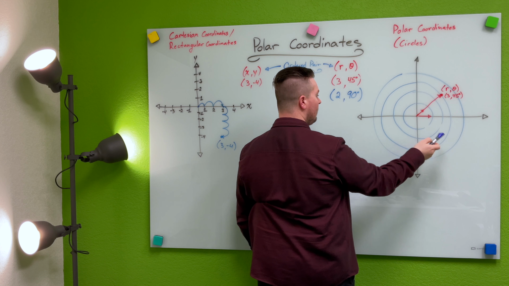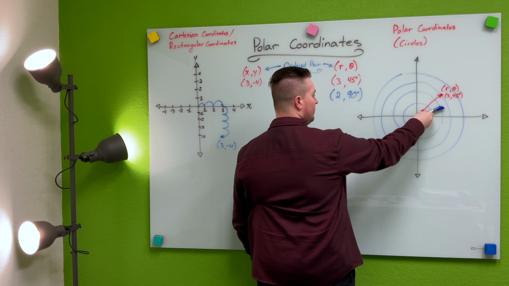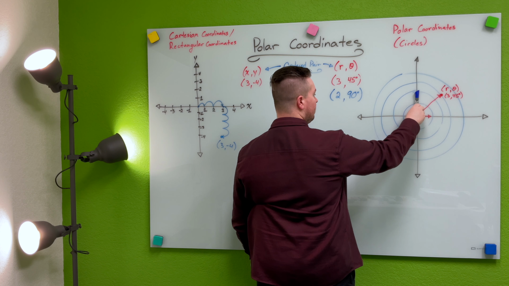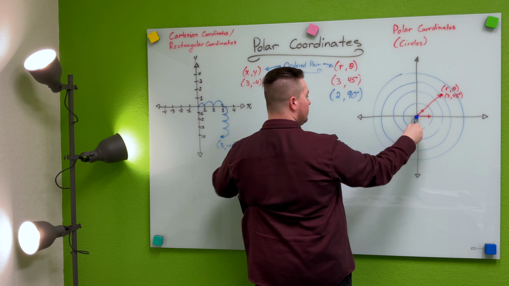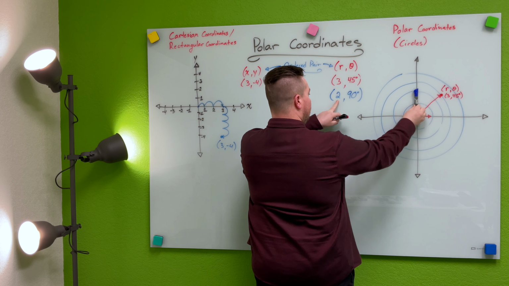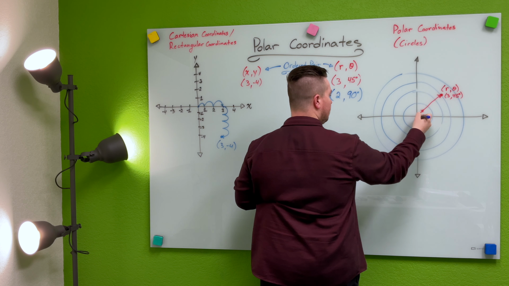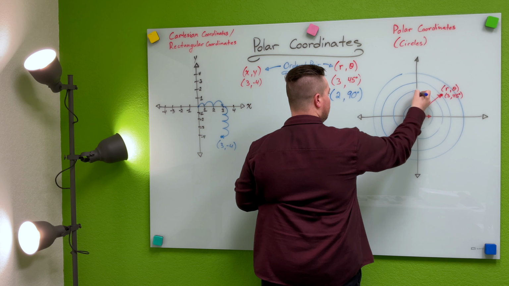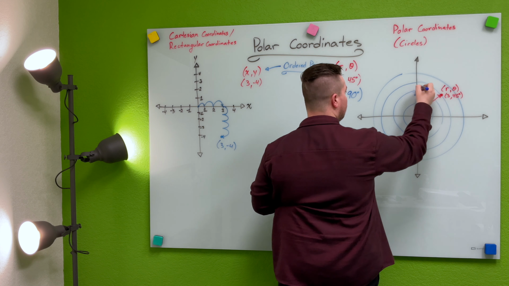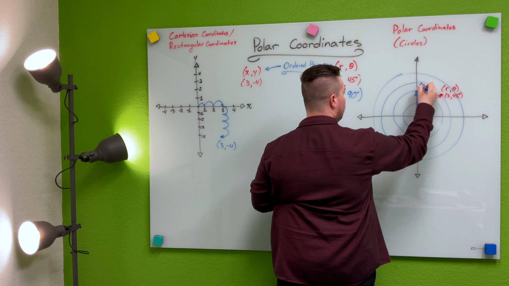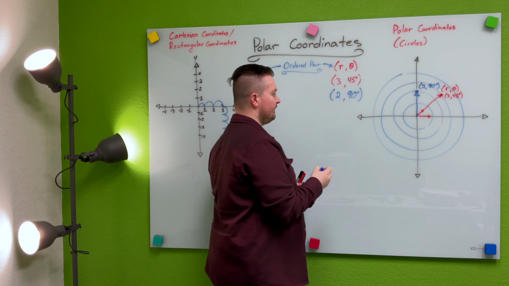The angle we're turning is 90 degrees. So from here, we're going to turn so that we face 90 degrees. Then what is the radius? From the origin, we're going to go up towards 90 degrees 2 steps. So we face up 1, 2, and that's where our point goes. Here, I'm just going to put the actual point in polar coordinates: (2, 90 degrees).